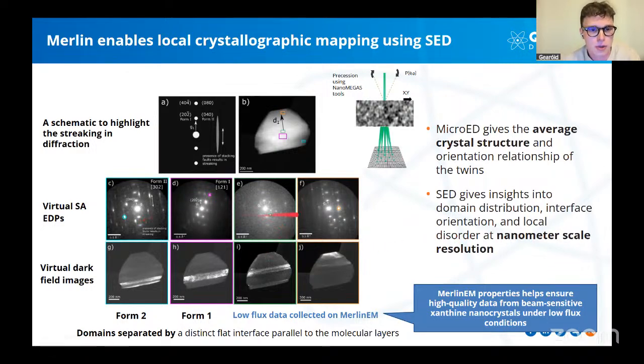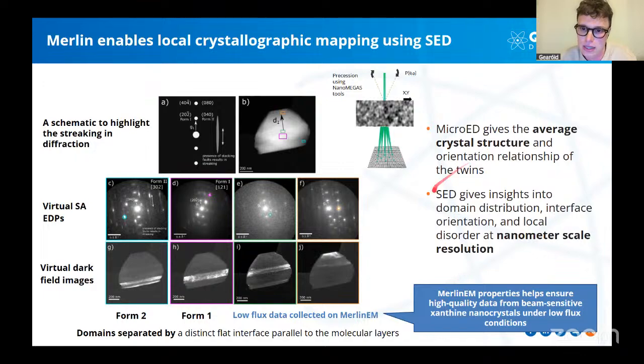Even just by qualitatively looking at these diffraction patterns, you can see that the intensities change quite dramatically as a function of position. And of course, these virtual dark field images highlight different domains that contribute to scattering in these scattering directions.